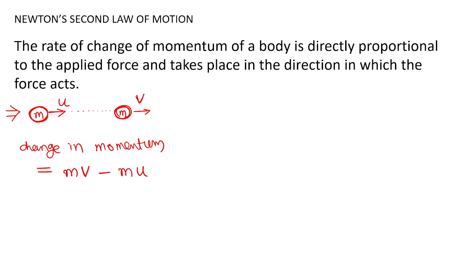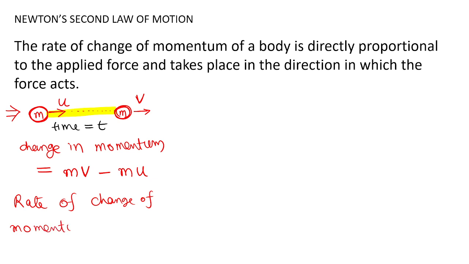And suppose this momentum change or velocity change takes place in a small time interval, say time t. So the statement says that rate of change of momentum. What is that? Rate of change of momentum means in 1 second how much change in momentum?